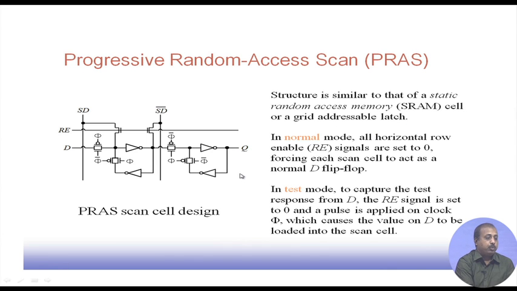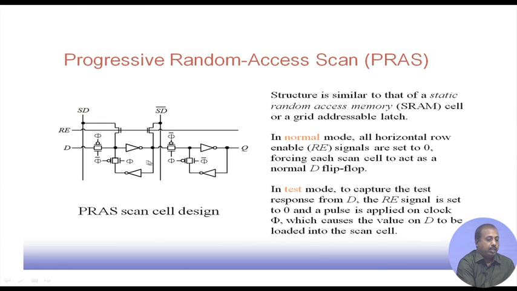On the other hand, this progressive random access scan is similar to a static RAM type of design. In normal mode, all horizontal row enable signals, the RE signals, are set to 0, so that each scan cell will act as a normal flip flop. These back to back inverters are actually that flip flop.